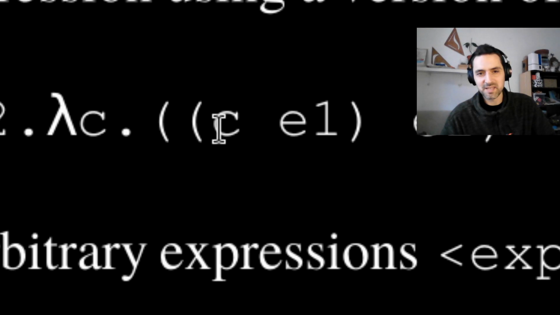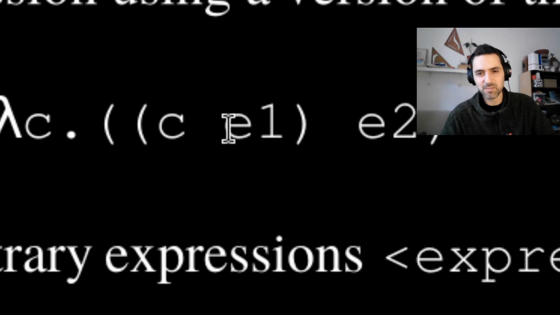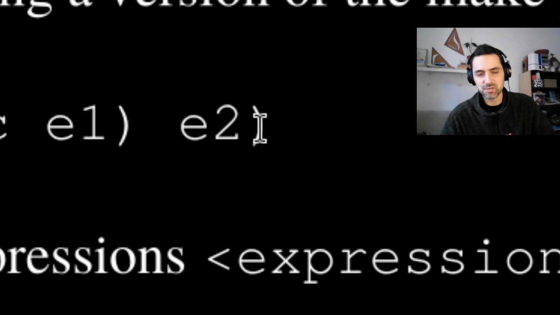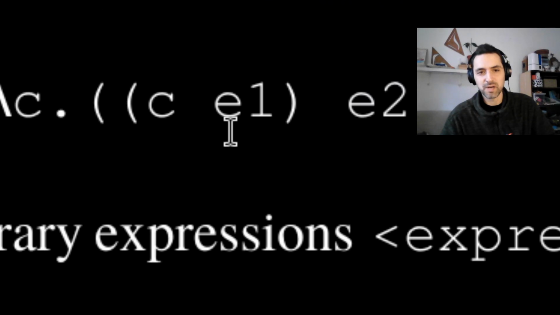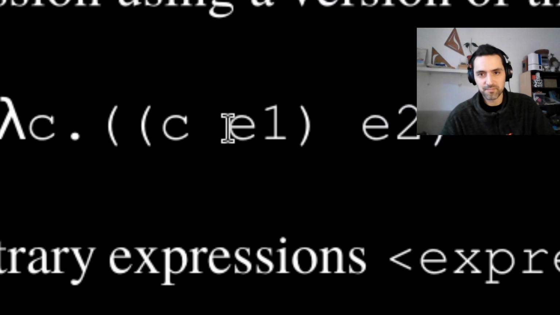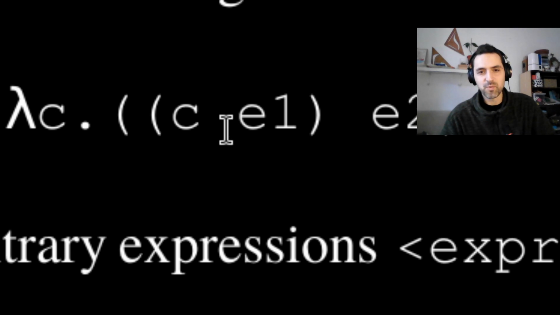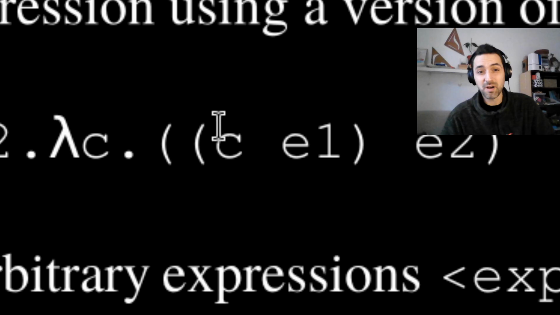So C is not being applied to E1 and E2 together. It's applied to E1, and then the whole thing is applied to E2. Why? Because of currying: we have one function that takes one argument.